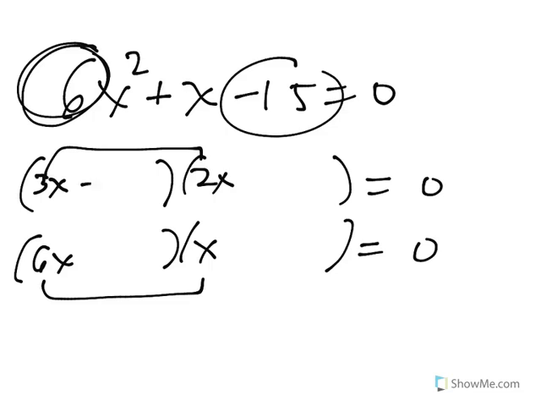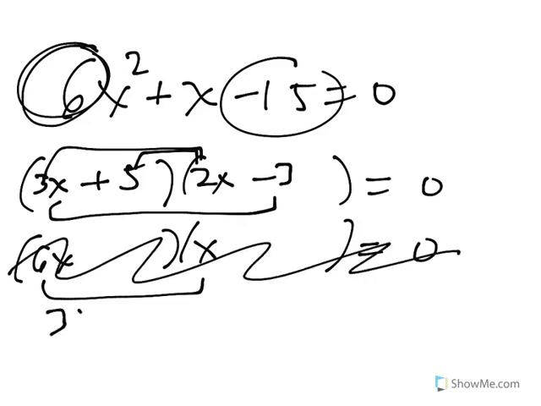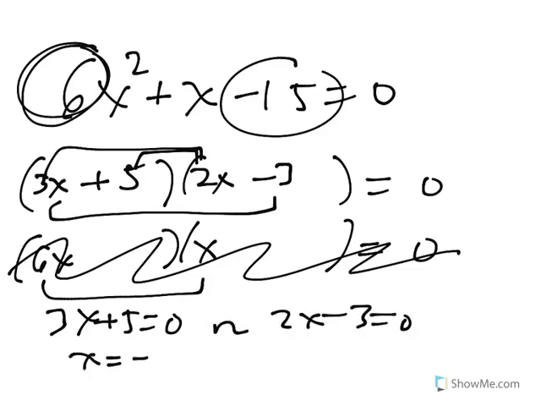And maybe after some trial and error you realize that 5 times 2 is 10, and negative 3 times 3 is negative 9, and you get it narrowed down to that, and you say 3x plus 5 equals 0, or 2x minus 3 equals 0, x equals negative 5/3, or x equals 3 over 2. But that method is pretty complicated, and that's why I'm going to show you 3 other approaches to solving this same equation.